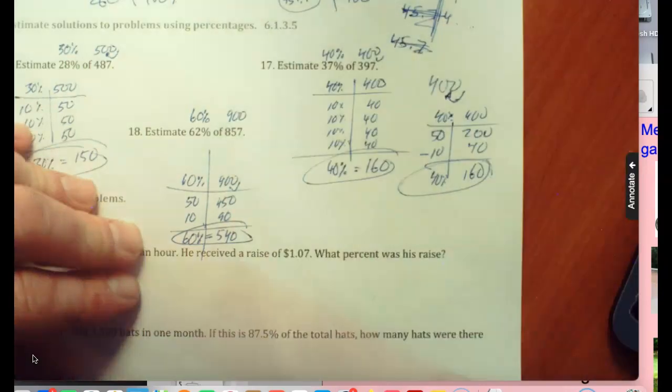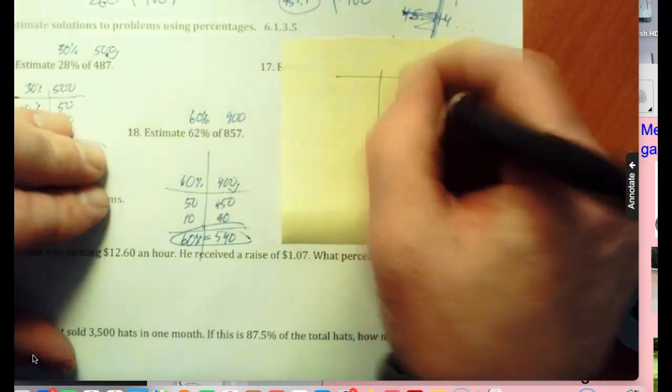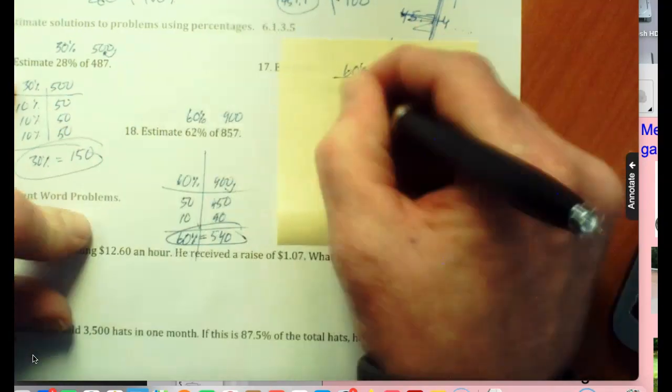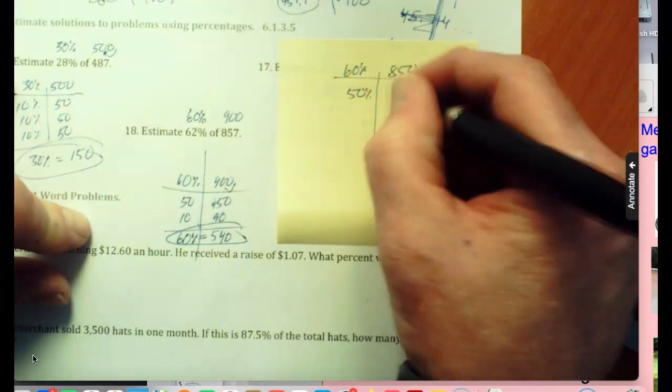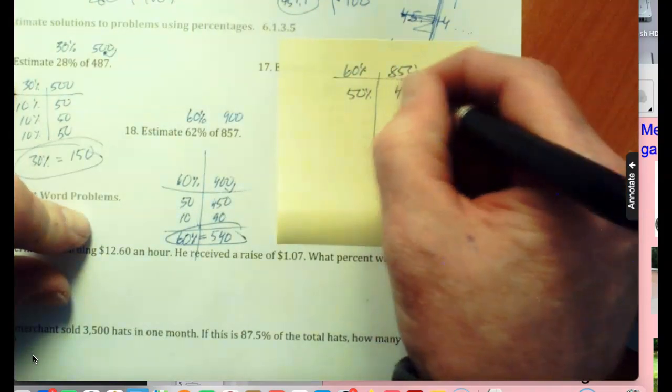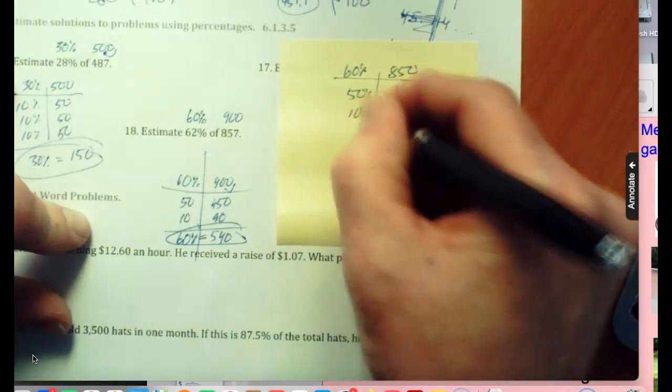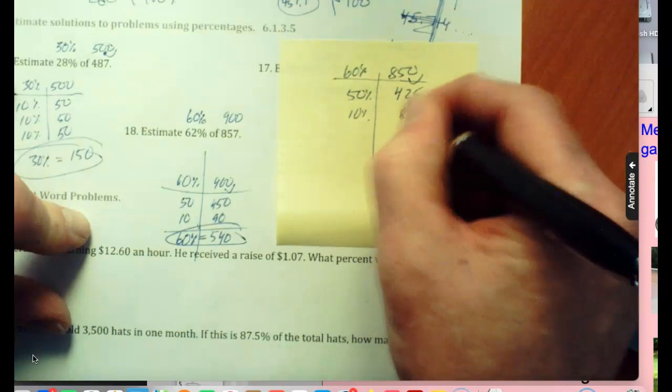I could do 850 if you really want me to. I'll just stick it on a sticky note so I can put it right over the top here. So let's do 60% of 850. Half of 800 is 400, half of 50 is 25, so 50% would be 425. 10% is going to be 85.